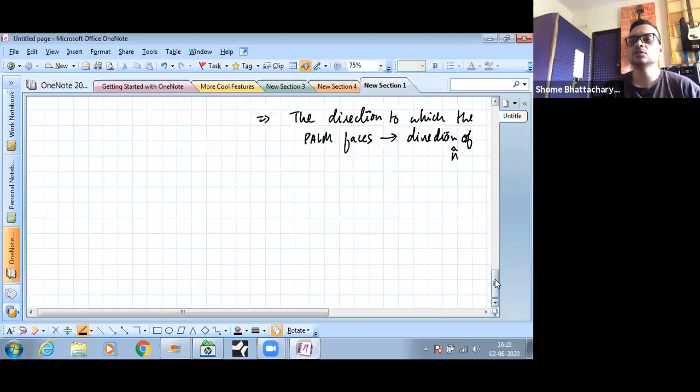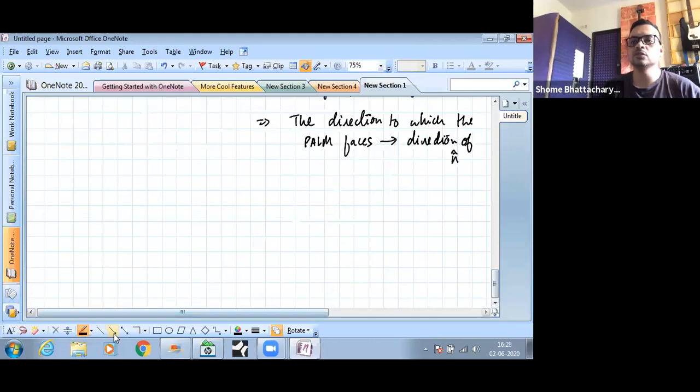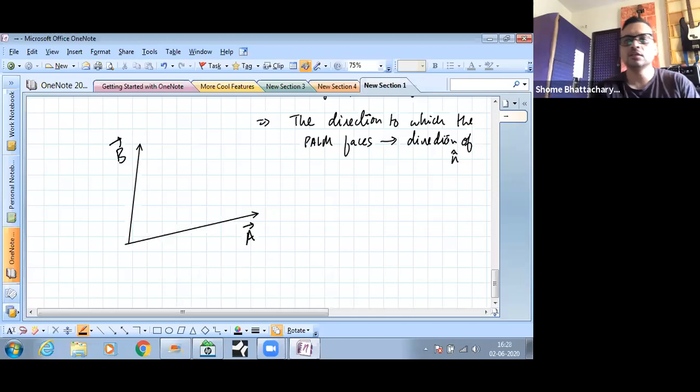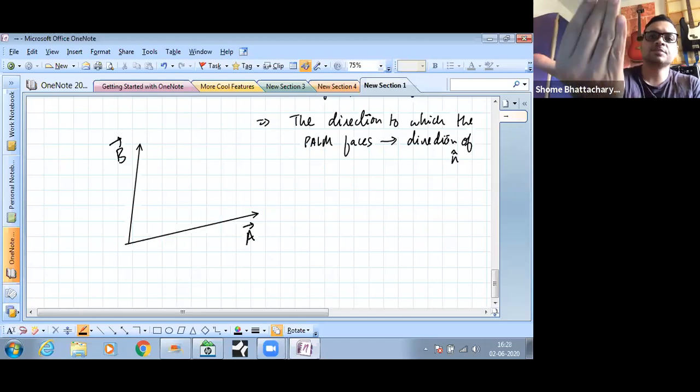So for example, let's practice this on the computer screen. Whatever screen you are watching it on, suppose this is my vector A and this is my vector B. You have to place your palm such that your thumb is pointing along A and your fingers are pointing along B.